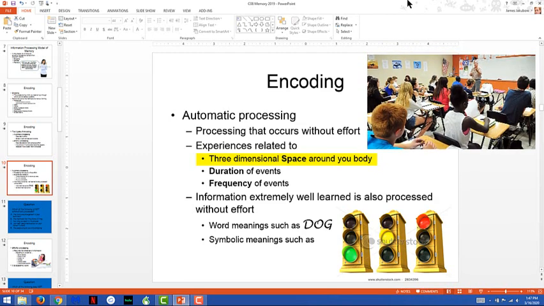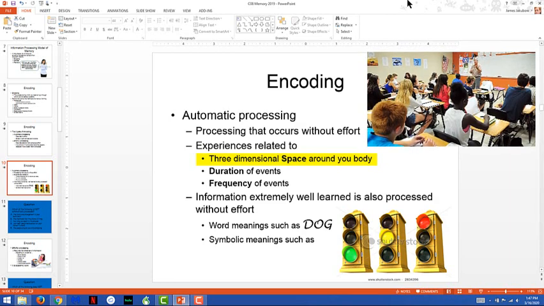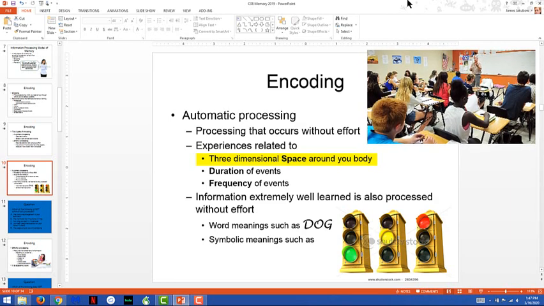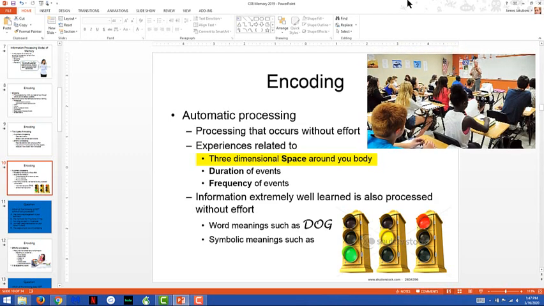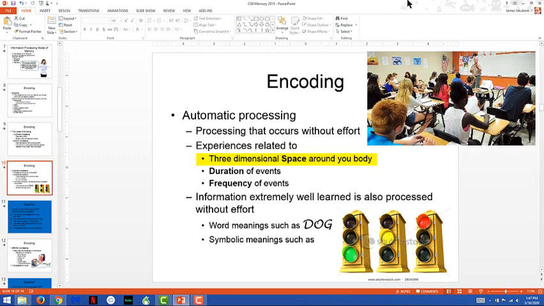And that's just the point. Space around your body automatically becomes a long-term memory. And so you just automatically remember all spatial aspects of events that you are exposed to.